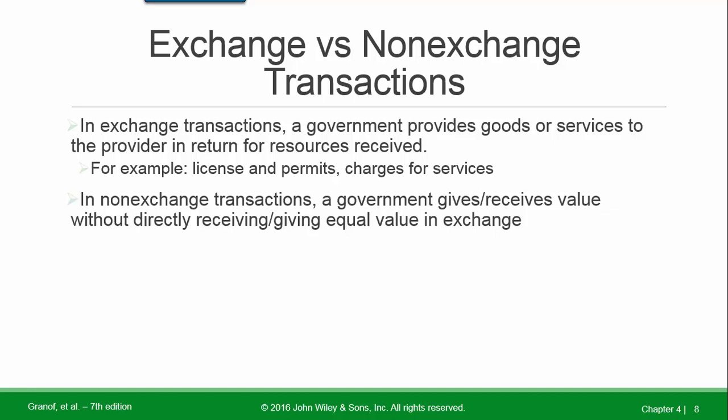In exchange transactions, a government provides goods or services to the provider in return for resources received. Licenses, permits, charges for services. In non-exchange transactions, a government receives value without directly receiving or giving equal value in exchange. Most state and local government transactions are non-exchange.